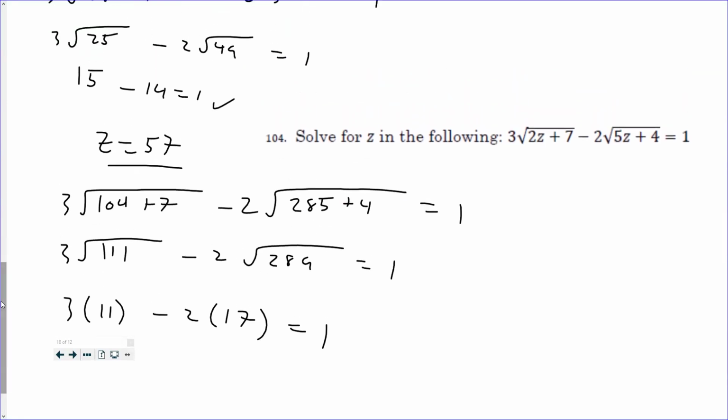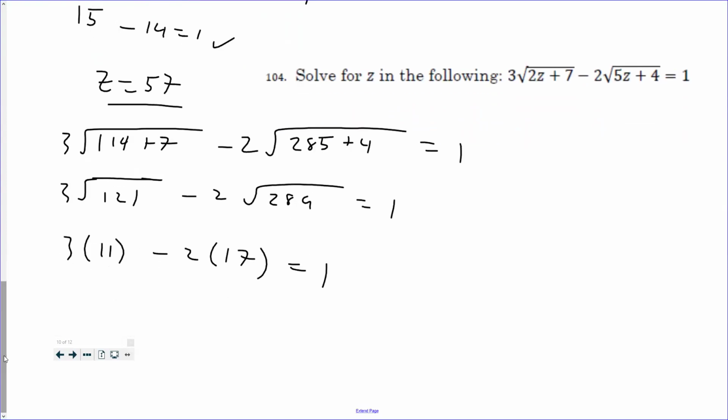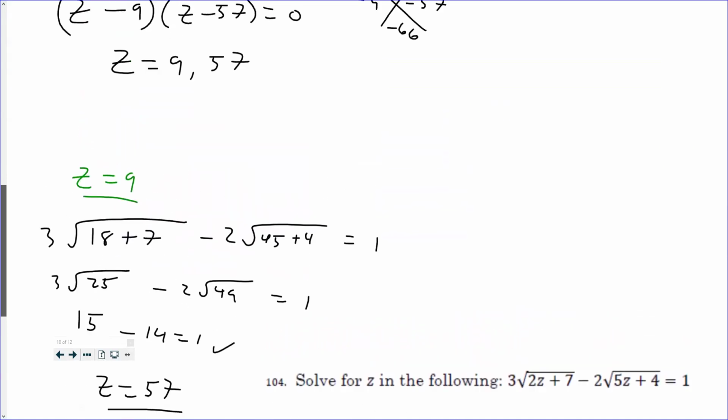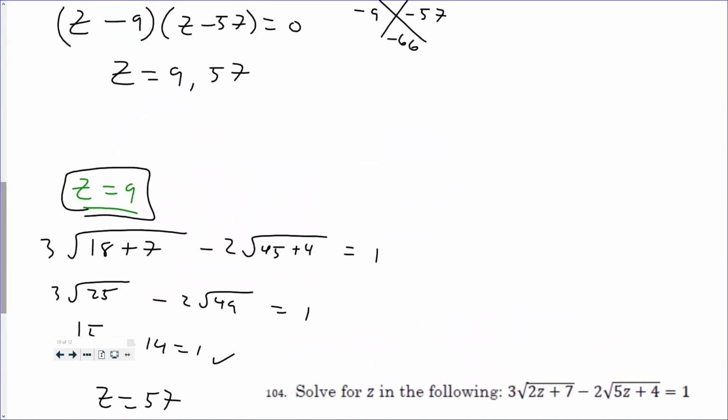Oh, it is 114, you're right. Thank you. 114, so we get 121, which is 11. So 33 minus 34 equals 1. That's not true. It's negative 1 equals 1. So 57 isn't an answer. It's just going to be 9. So your answer is just 9 here.